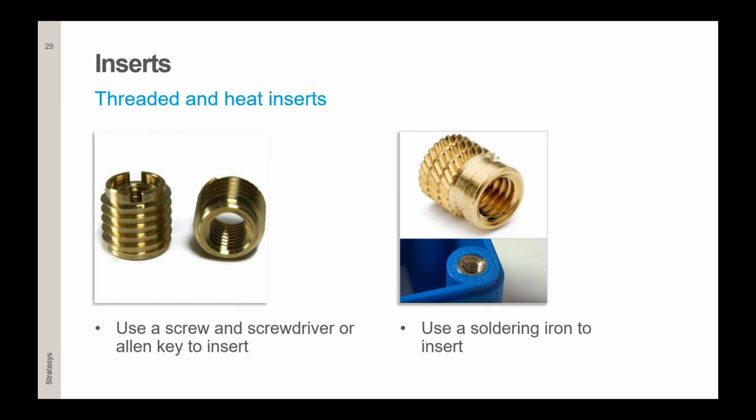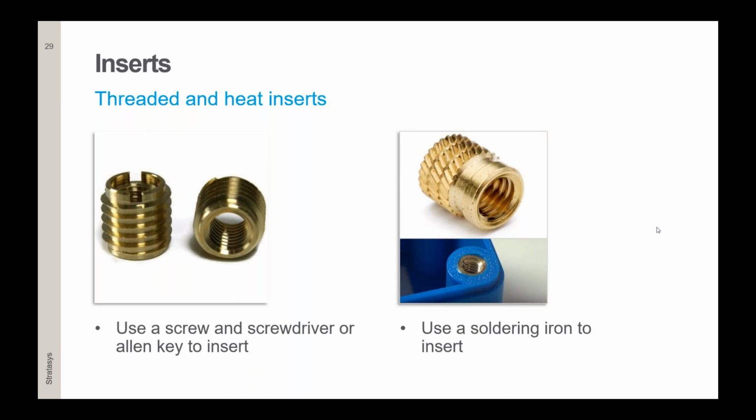Different hole sizes, of course, use different sizes of inserts. These inserts are also used not only with FDM plastics, you can use them on wood. So we need to look at the manufacturer's data sheet. Okay, thank you. That's clear.